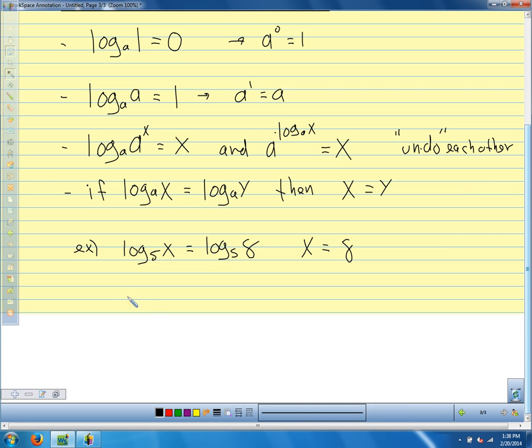How about log base 5 of 1 equals x? What does x equal here? The power of 5 that gives us 1 is 0. x equals 0. So a couple of easy logarithmic equations that we can solve using these properties.